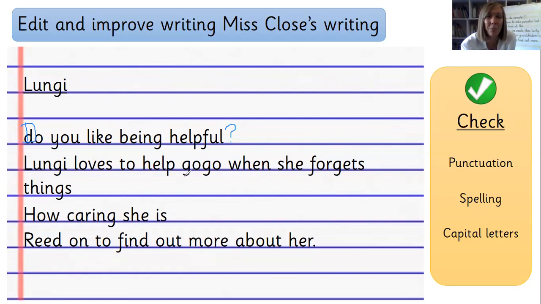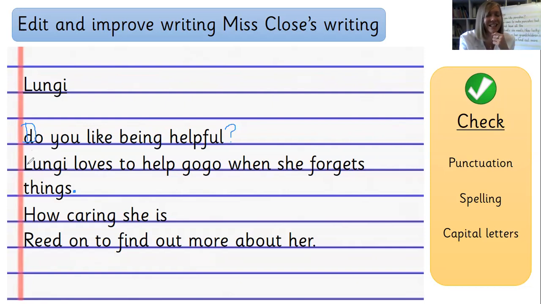Okay, let's look at my next sentence. Lungi loves to help Gogo when she forgets things. That's a statement, isn't it? I've given you some information, but I've forgotten my... Well done. The full stop's missing. I've got to make sure my full stop's there. Now, I'm very proud because I've started with a capital letter here. I had to check that.